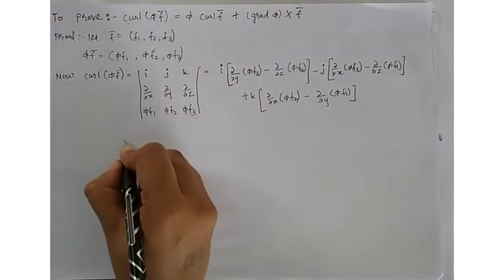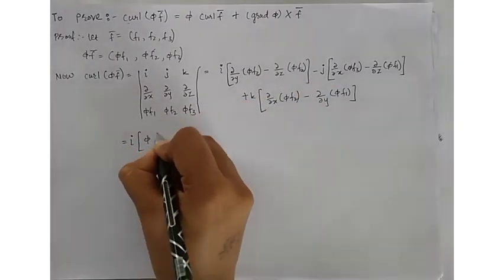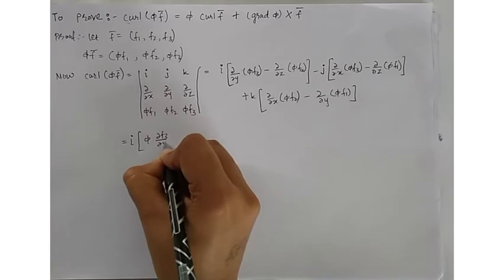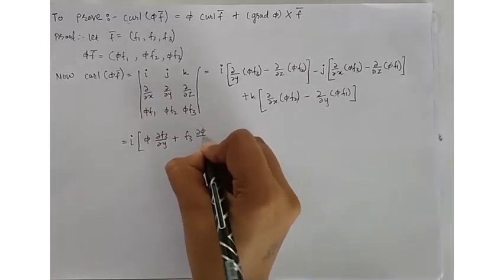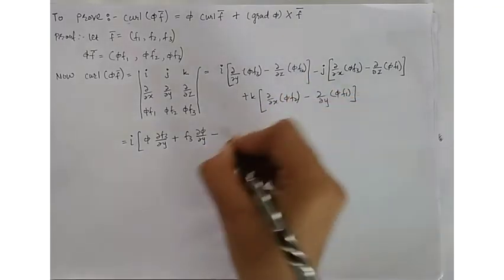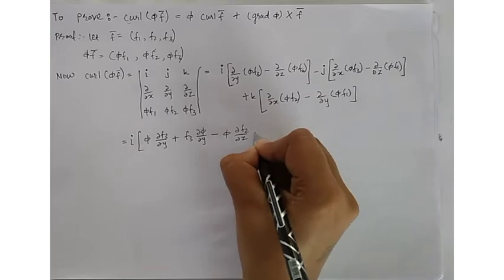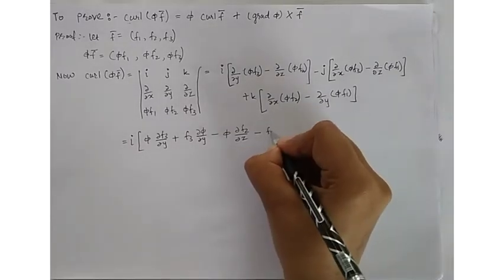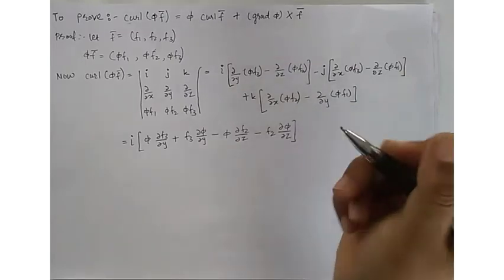So we get i, first φ as it is, del f3 by del y plus f3 as it is, del φ by del y, minus φ as it is, del f2 by del z, minus f2 as it is, del φ by del z.